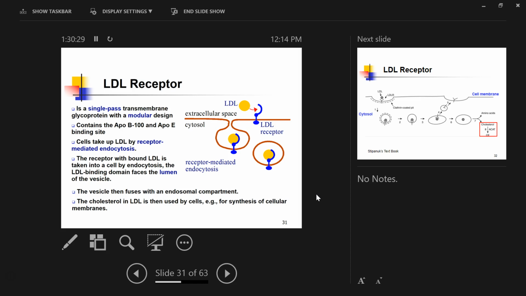Once LDL binds to the LDL receptor, the whole thing is internalized into the cells. This process is called receptor-mediated endocytosis, and the binding of LDL to the LDL receptor requires ApoB100 and ApoE present on the surface. Does that make sense?